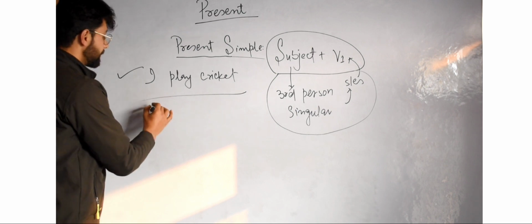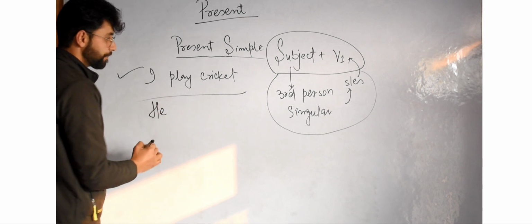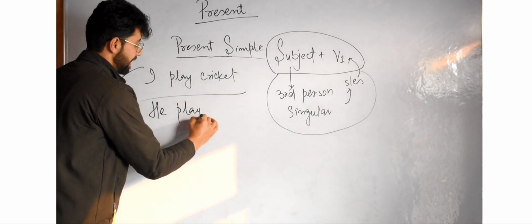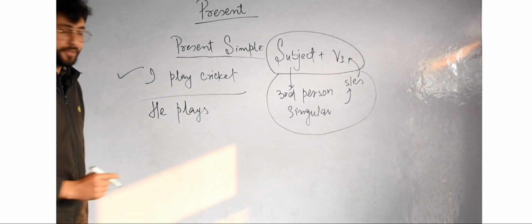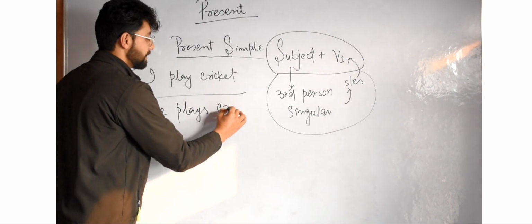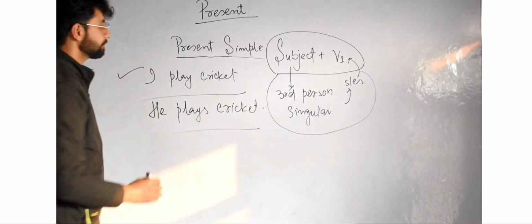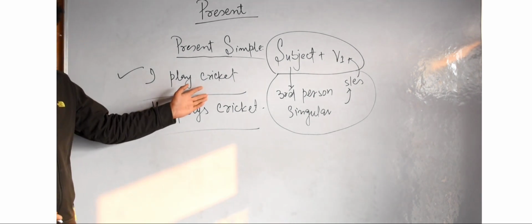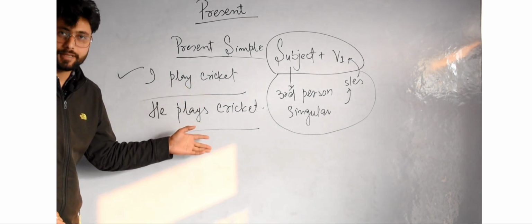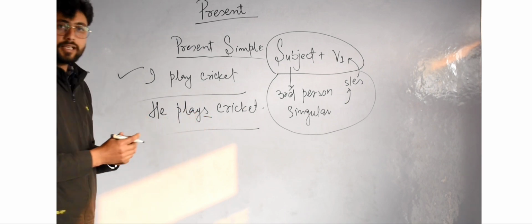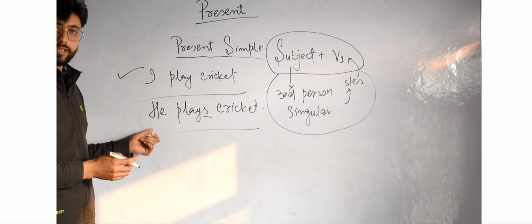But if the subject is he, then I have to add s to this verb so that my sentence will be correct. I play cricket. He plays cricket. This s is important in case of he.